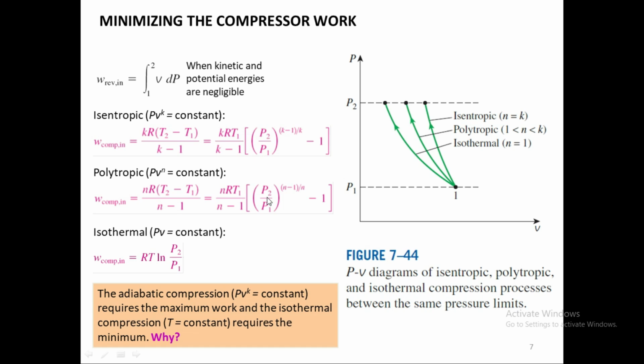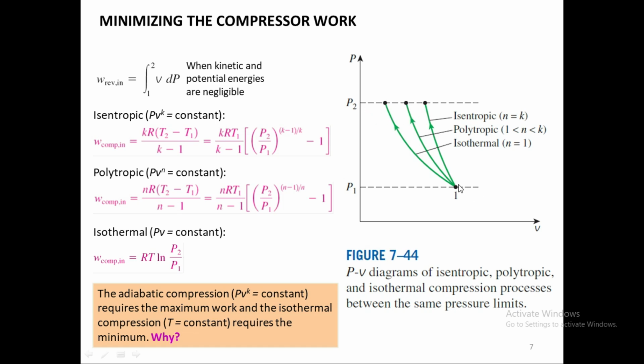So this one is isentropic, this one is polytropic, and this one is the isothermal work required. And if you look at these three lines, one of them is isentropic, polytropic, and isothermal. And the areas under these curves on the left hand side are the amount of energy required by the compressor to compress it.